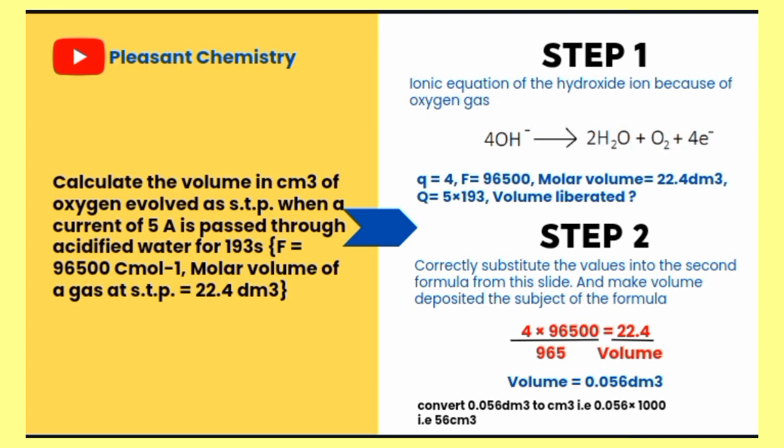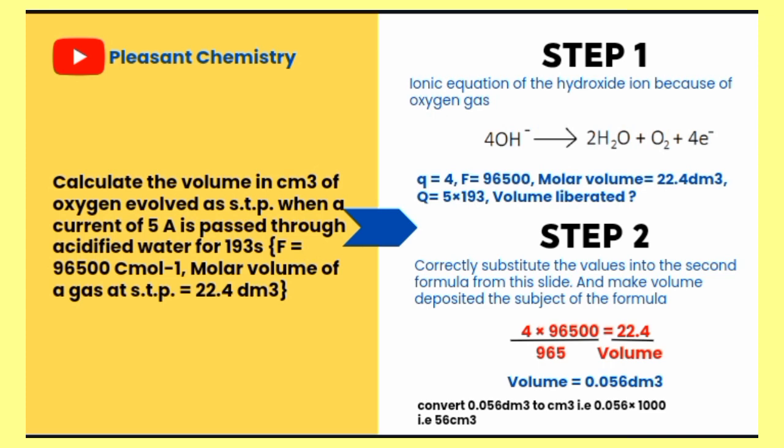Then our Q can be easily calculated because it is current times time, so 193 seconds multiplied by 5 gives us our Q. Then we make the volume liberated the subject of the formula. If you substitute the values into the formula, our volume will be 0.056 dm cube.